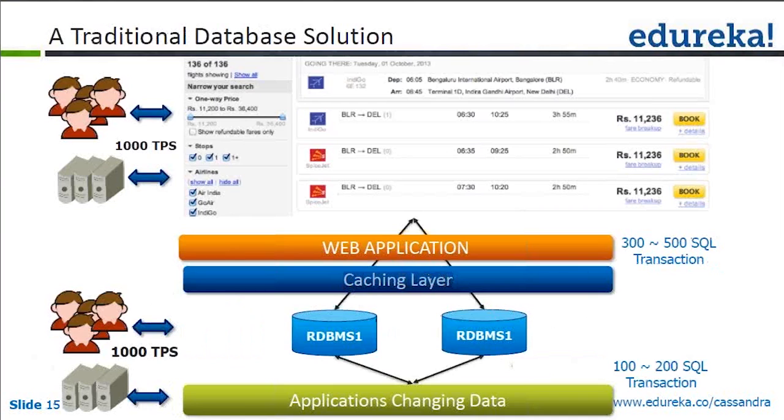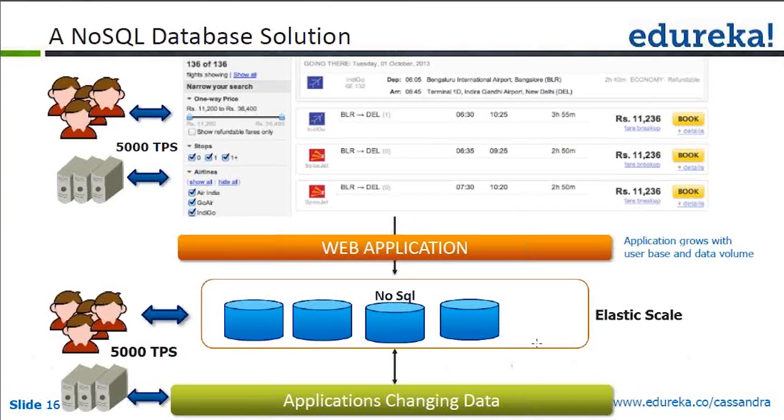It's a different layer, but NoSQL has this inherent property of supporting that, replacing the caching layer. So this would be a simple example. This is the application, the database layer, and then your caching layer has been replaced.